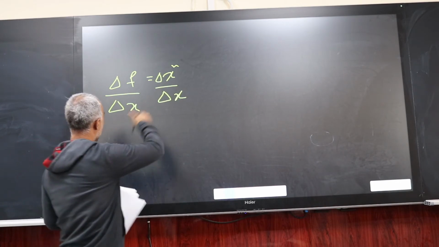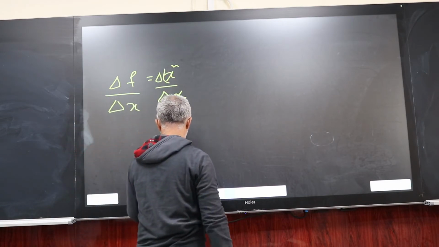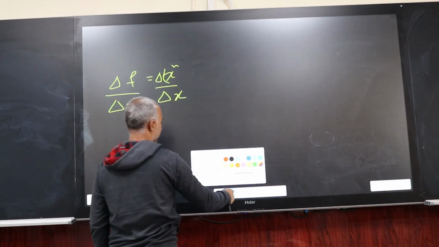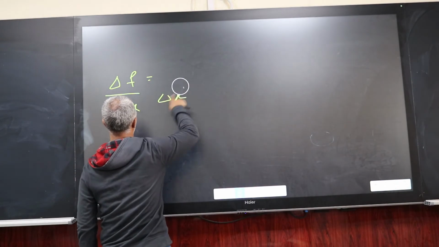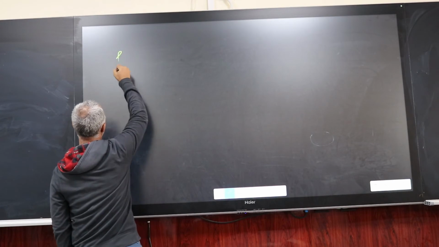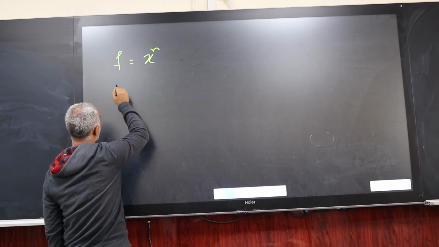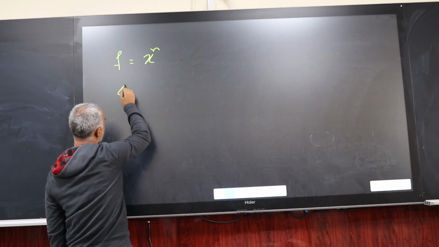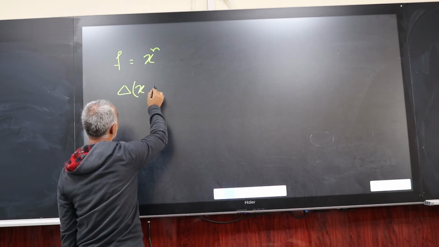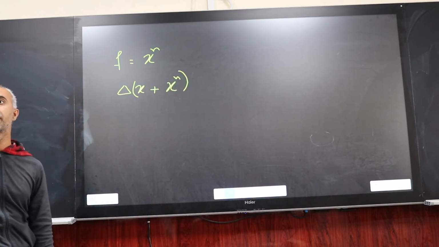If I am talking about some change, of course, there should be some value, and for that I should consider going to delta x change.